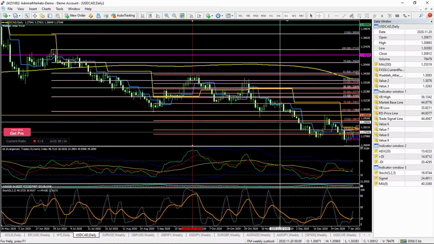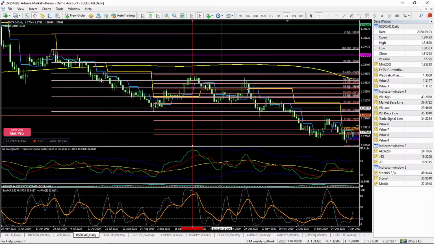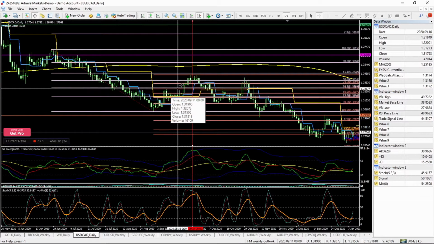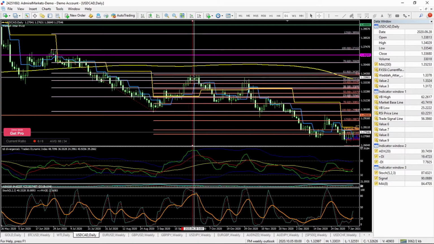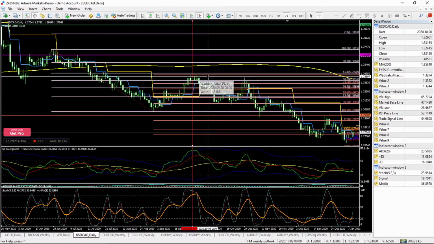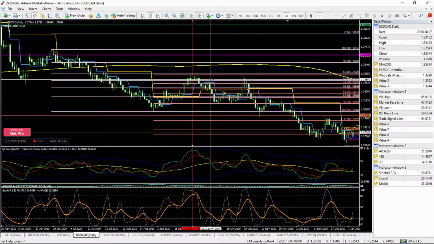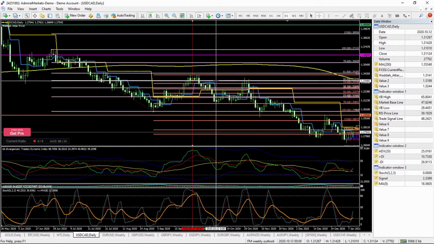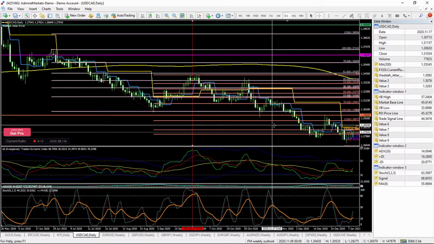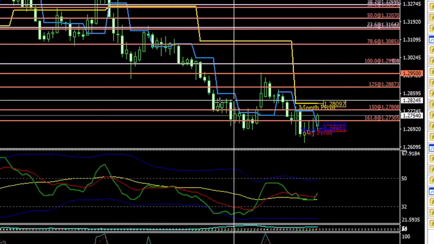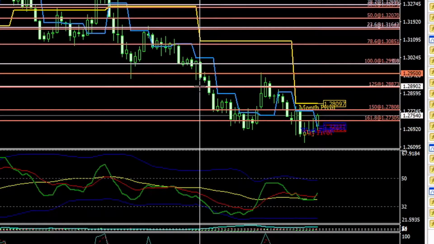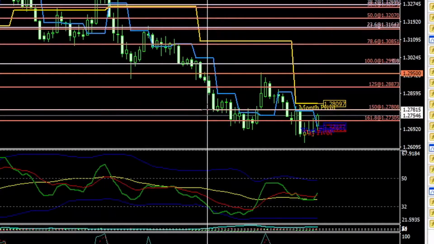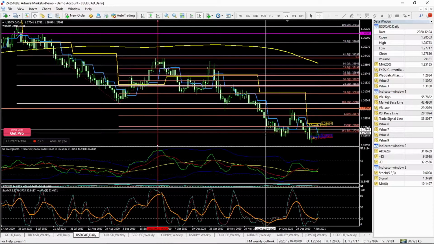Here you have the thistle colored one. It takes it up to about 50-61. So most likely I would take this down to either 125 or 150. It definitely makes it to 125, and it definitely makes it down to the 150, even the 161.